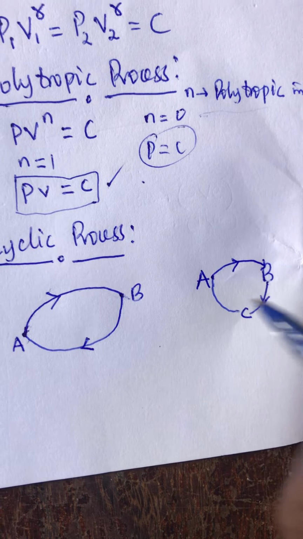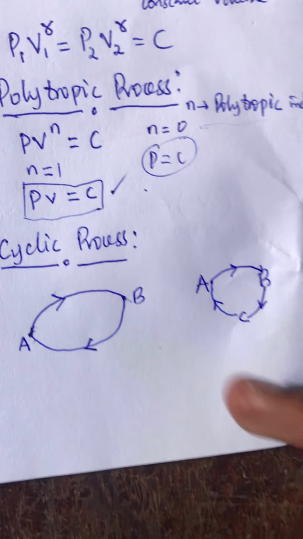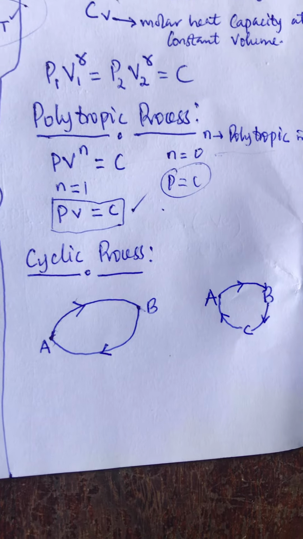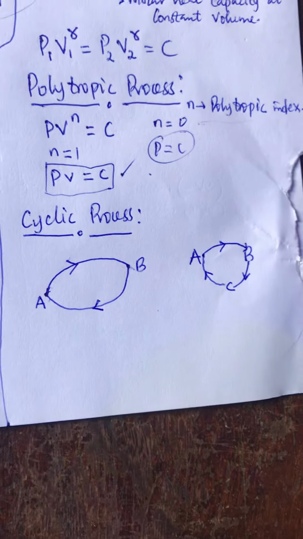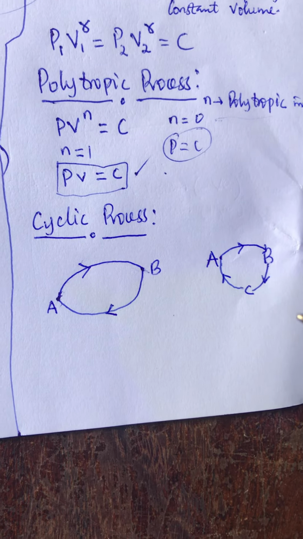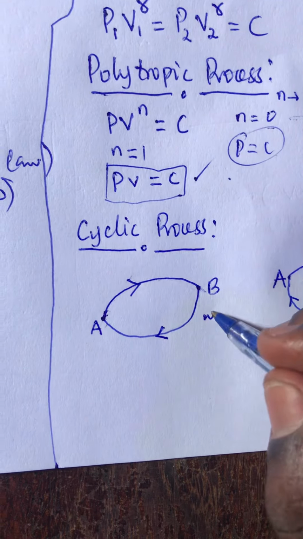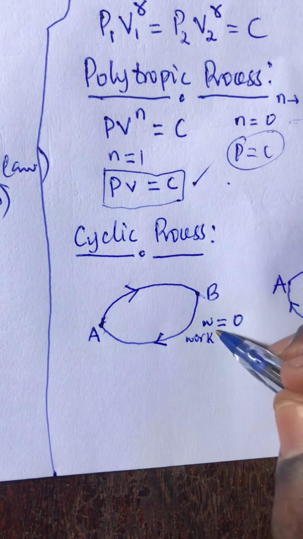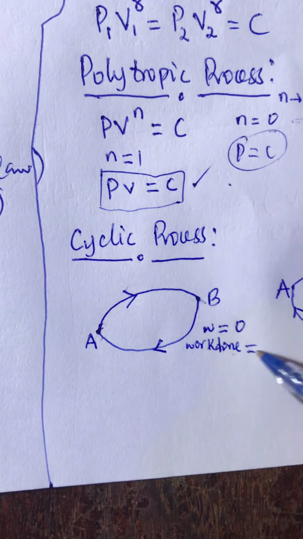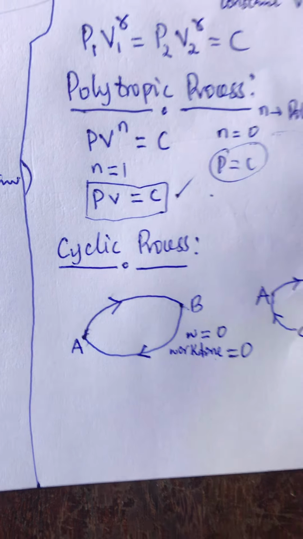So when the process is like this, it is in a circle. Now that is what we call a cyclic process, and work done in a cyclic process is 0.